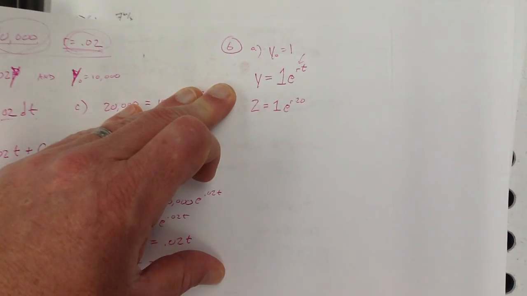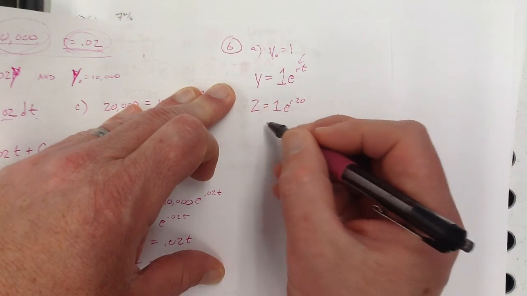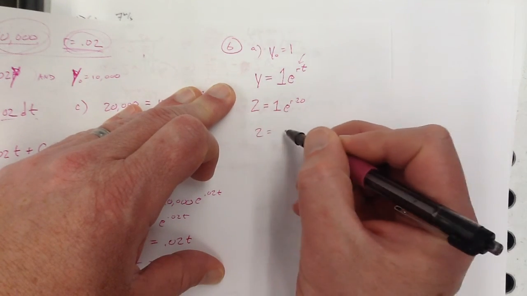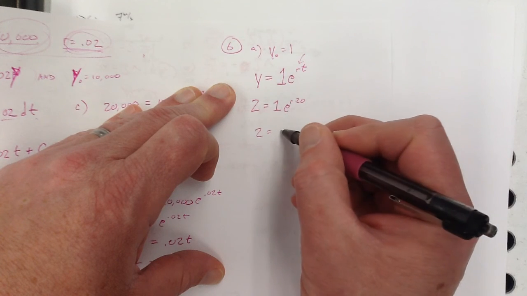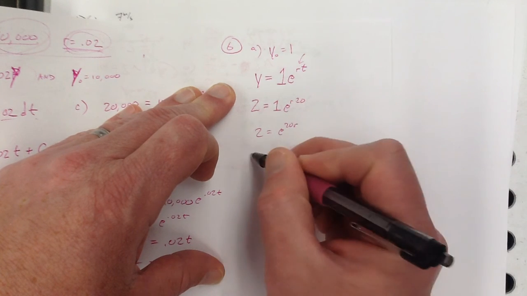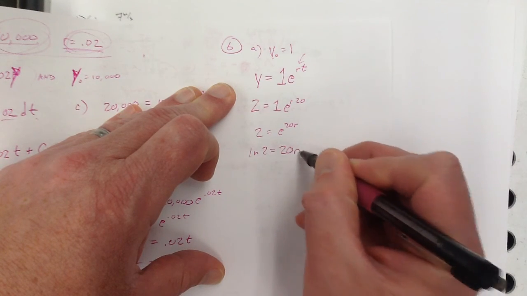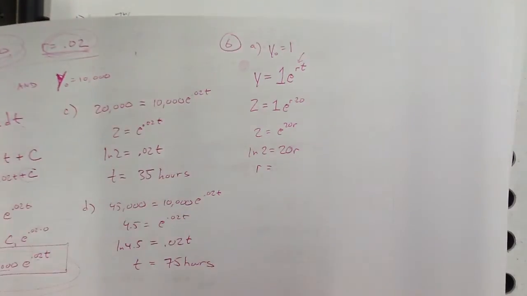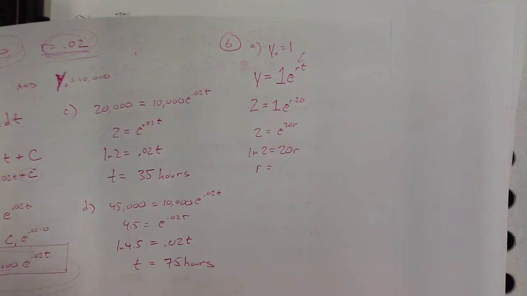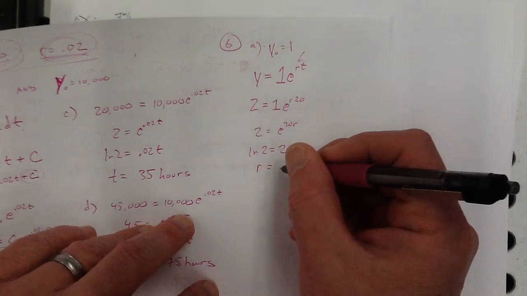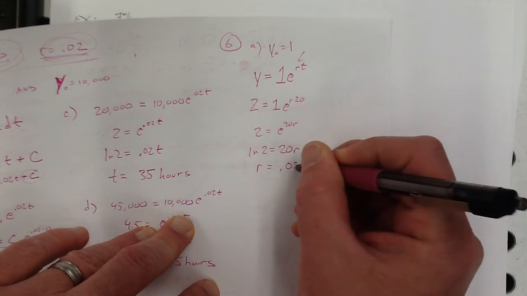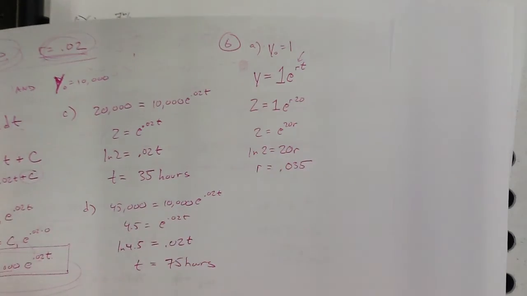Now I need to solve for that r. So 2 equals e to the 20r. Natural log of 2 is equal to 20r. So r is equal to the natural log of 2 divided by 20, 0.035.